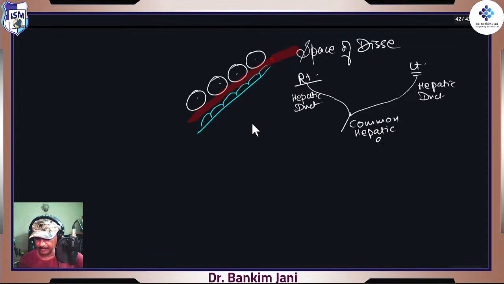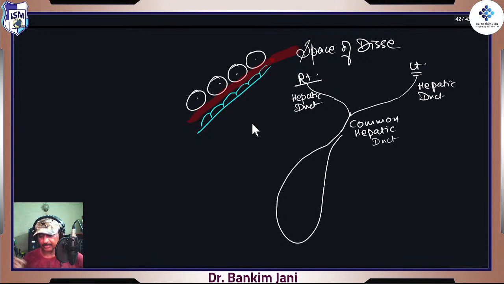Now this common hepatic duct goes into the gallbladder. This portion going into the bladder we call the cystic duct, because it is going into a cyst. A cyst is something like a cavity.